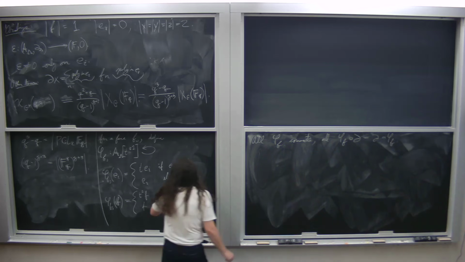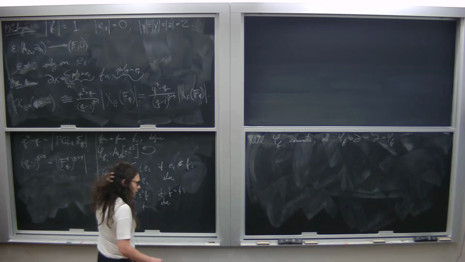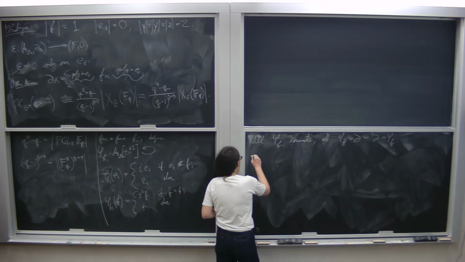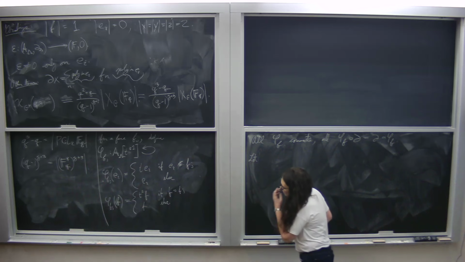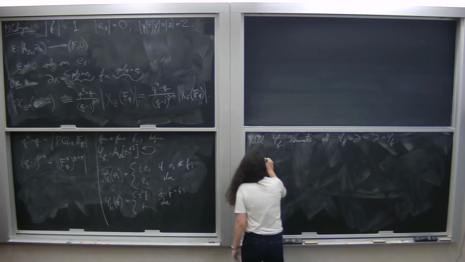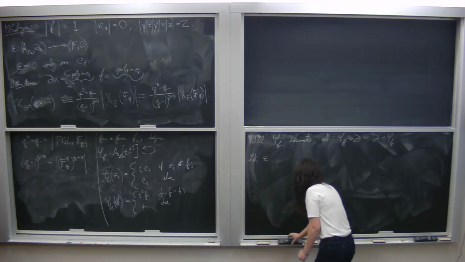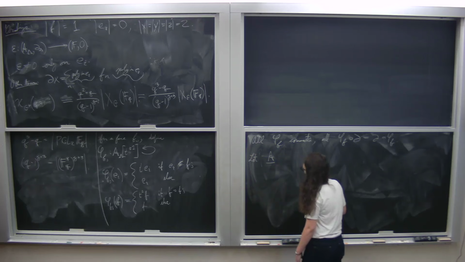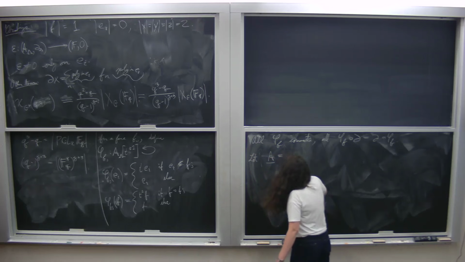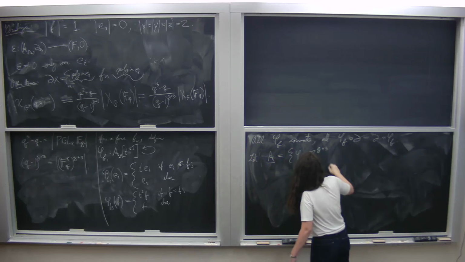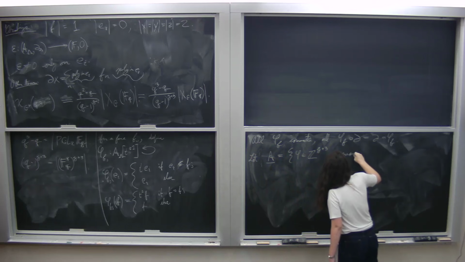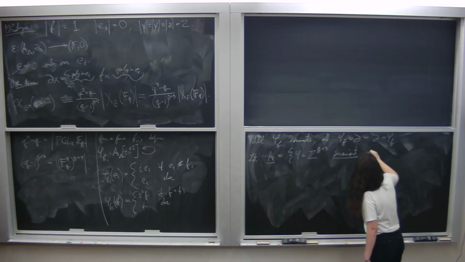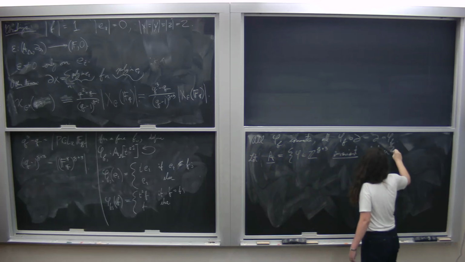And so what we can do therefore is let's say maybe A underline be equal to phi in Z to the g plus 3 invariant algebra.